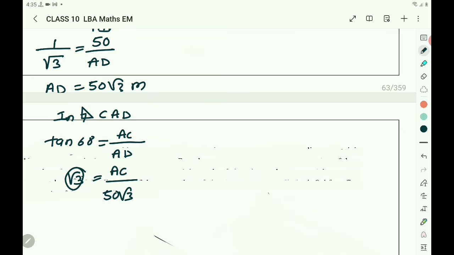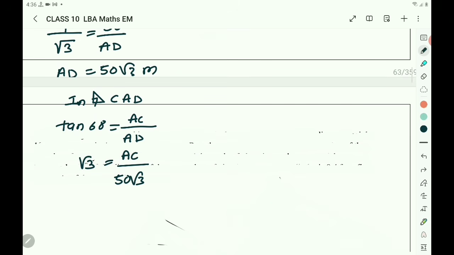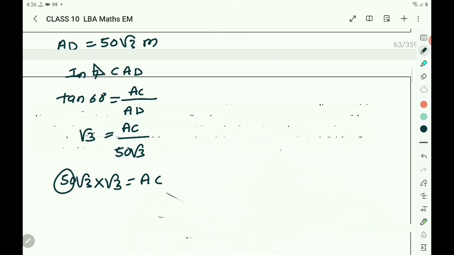Then you do root 3 into 50 root 3, which is equals to 50 into 3. 50 root 3 into root 3 is equals to AC. 50 into root 3 into root 3 is 3. 50 into 3 equals AC, that is 150.